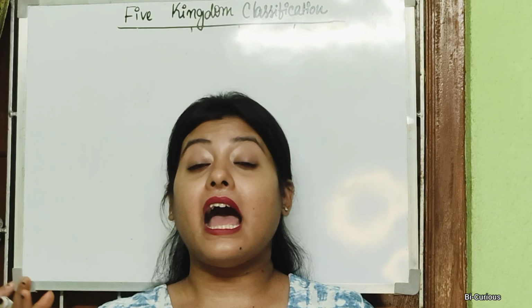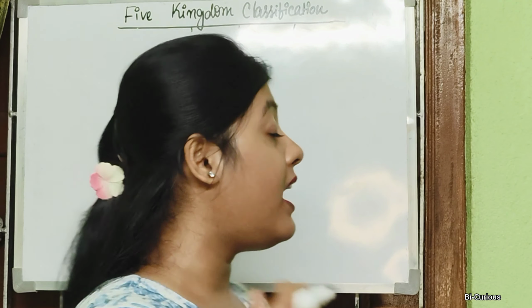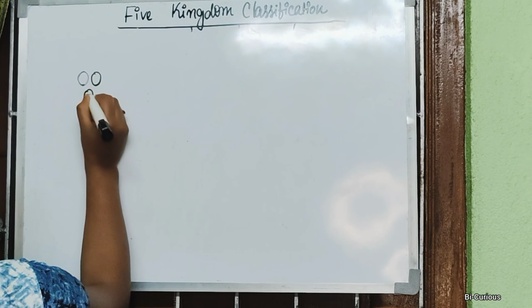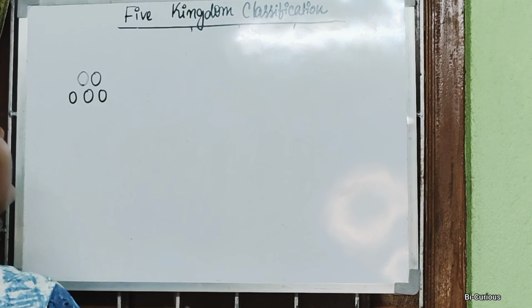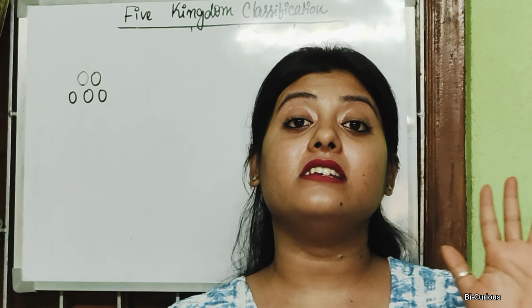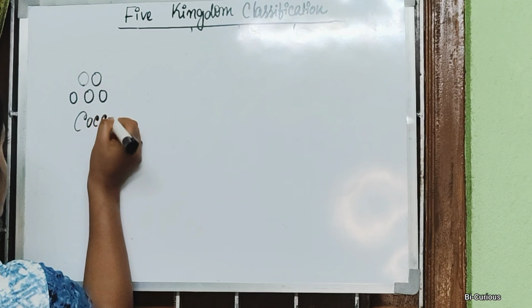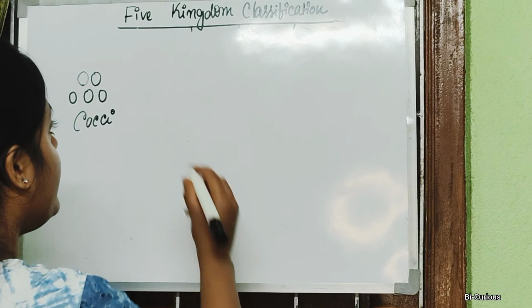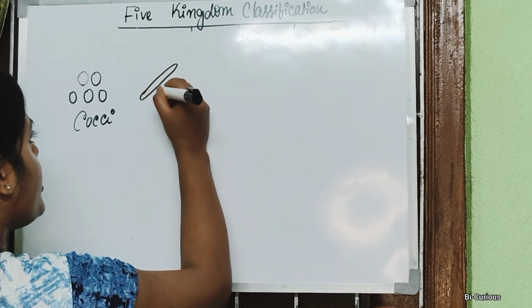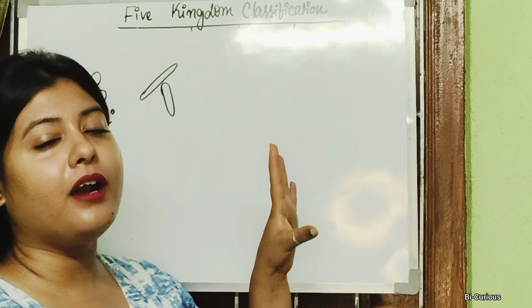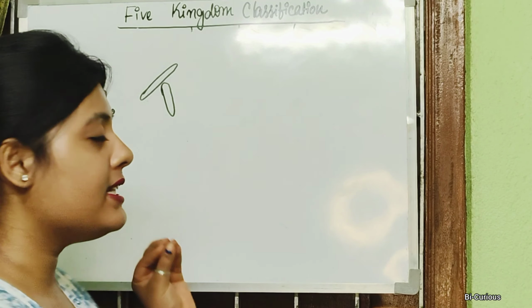Now, on the basis of the shape, we can classify the bacteria as well. The first one is, if we see any round shaped bacteria, then this kind of bacteria is called cocci. If we see a rod shape in any bacteria, this rod shaped bacteria is mostly called bacilli.